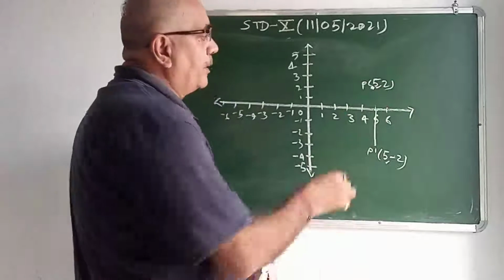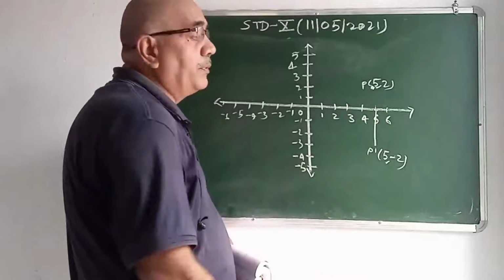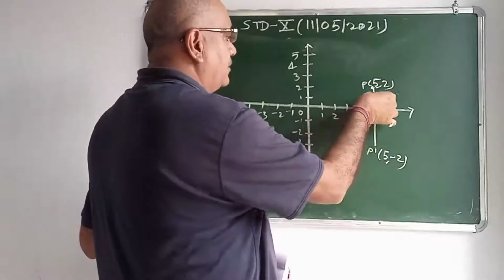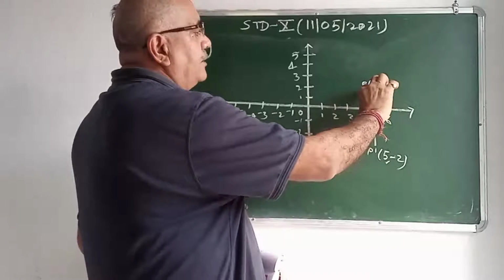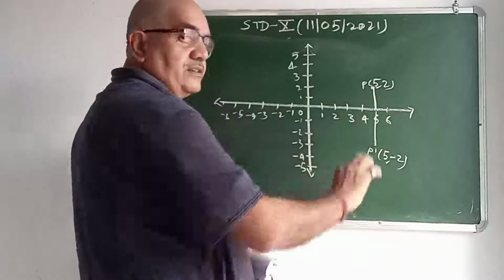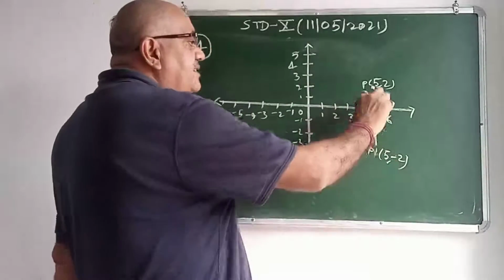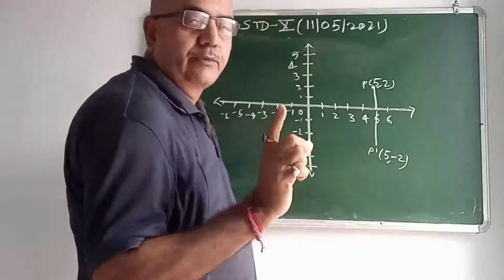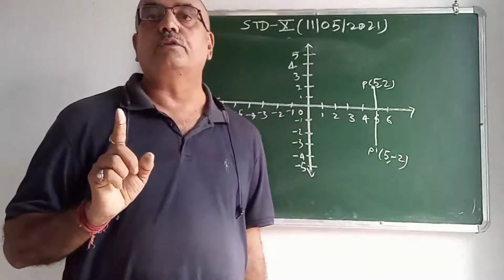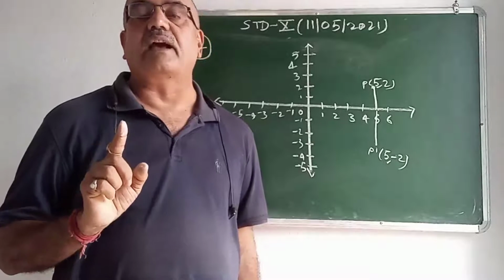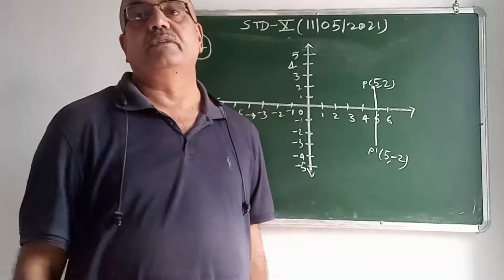Why? Because it is in the first quadrant. In the first quadrant, x is positive, y is positive. That's why this is the object distance, this is the image distance. But when you use graph paper, you will get the exact length. That's why I ask you to practice these questions, this exercise, on graph paper.